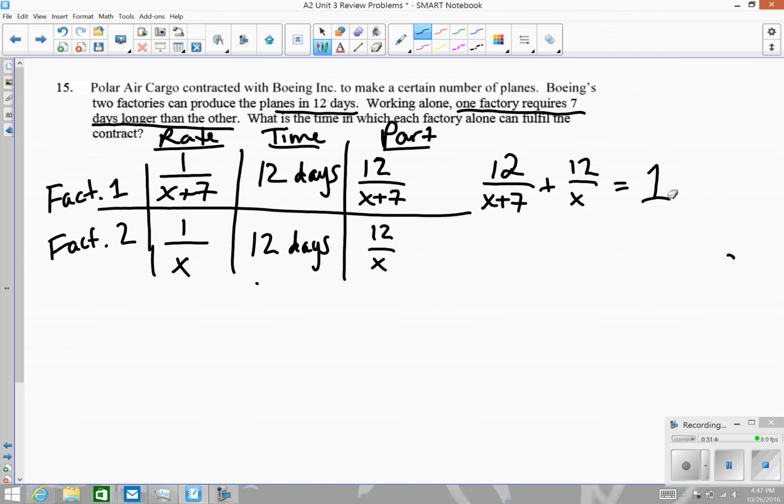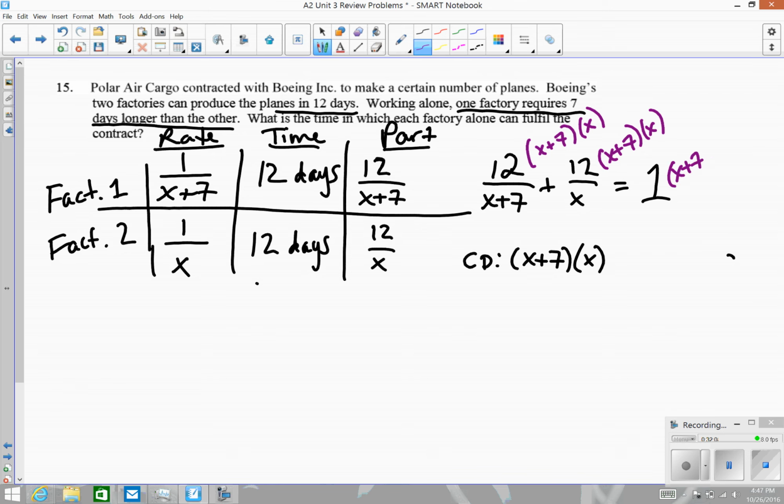The easiest way for me to solve this is to clear the denominators, so I'm going to multiply each term by the common denominator. Looks like my common denominator needs a binomial x plus 7, and it needs an x. So I am going to multiply each term by x plus 7 and an x. So I'm using that multiplication property of equality.